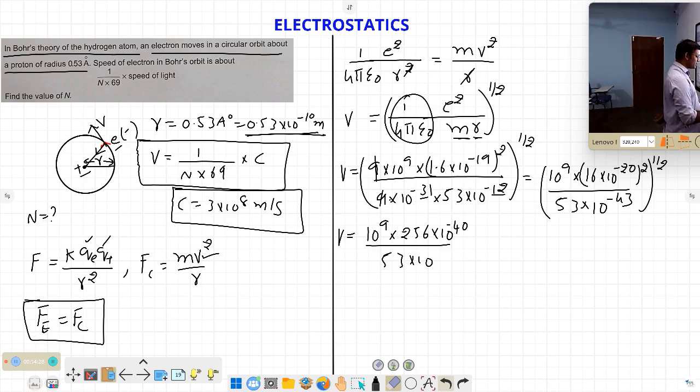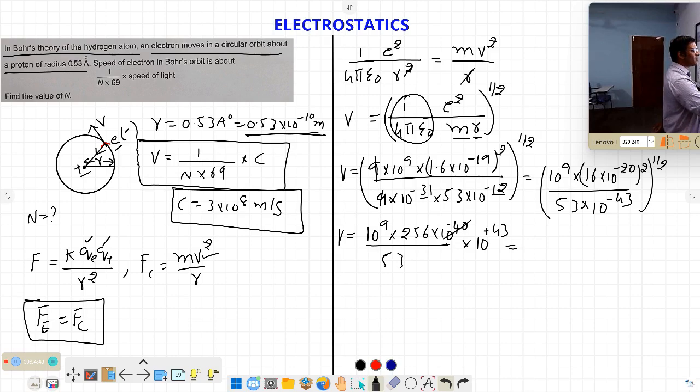This 10 power minus 43, I am taking to the numerator, that becomes 10 power plus 43.